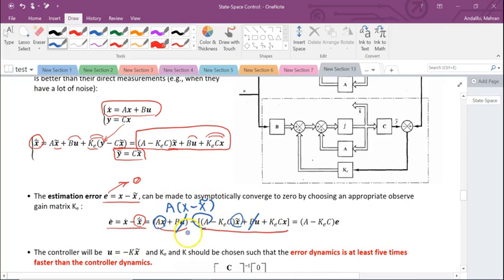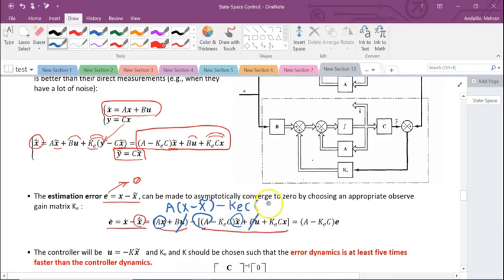Also, if you look here, you have a KE with a double negative, so it's going to be a positive KEC, or if you want to keep the negative, negative KEC.